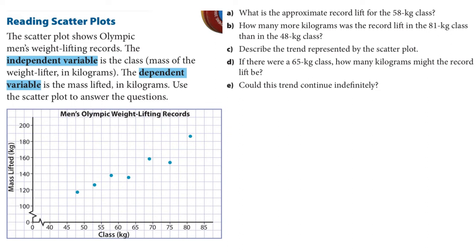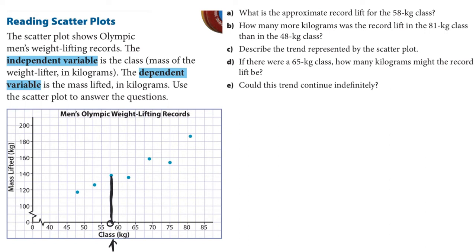What is the approximate record lift for a 58 kilogram class? We find 58 kilograms on the x-axis, which would be around halfway between 55 and 60, and we go up until we hit a dot. And there's the dot we hit.